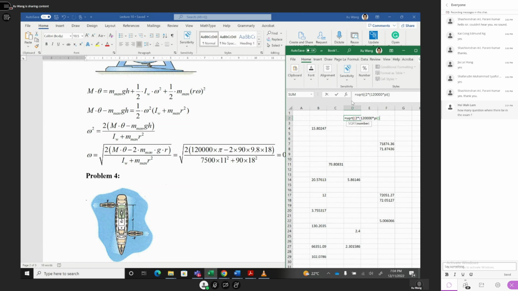And minus 2 times 90 times 9.8 times 18. And the brackets, the first bracket is this for the numeric, and the denominator is 7500 multiplied by 11.